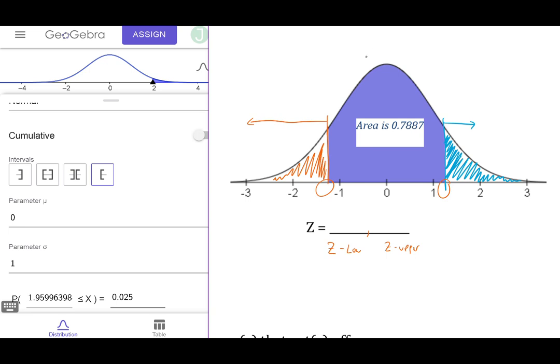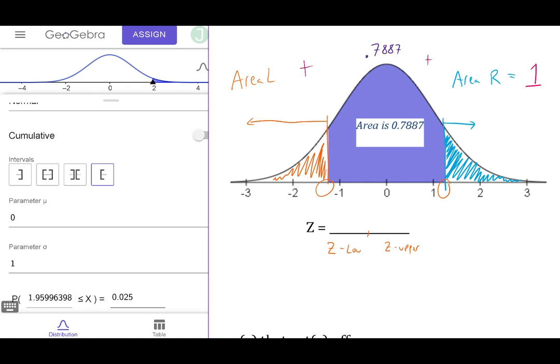So if we know that the middle of the graph is 0.7887, that means that the lower area, or the left area, plus the 0.7887 plus the right area has to equal 1, because the total area under the curve is 1.